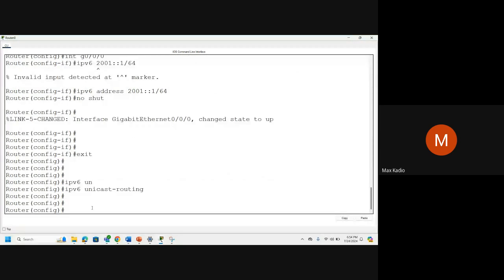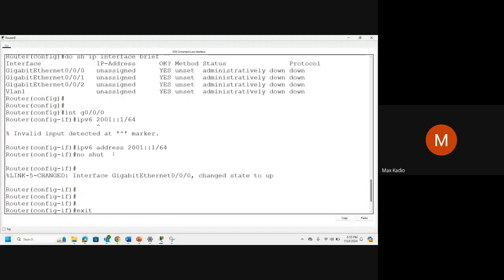This command will tell the router I'm using IPv6. You can feel free to advertise to your network or to your neighbors. So it's very simple, 2 commands. You go to the interface, and in the question paper, they will ask you, this is the IPv6 address you can use. And done.